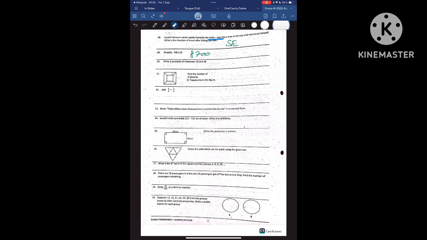Next one, write the multiples of 4 between 20 and 36. To do this question, they are asking you multiples of 4 between 20 and 36.